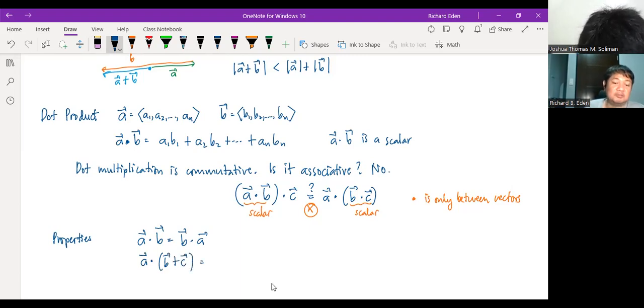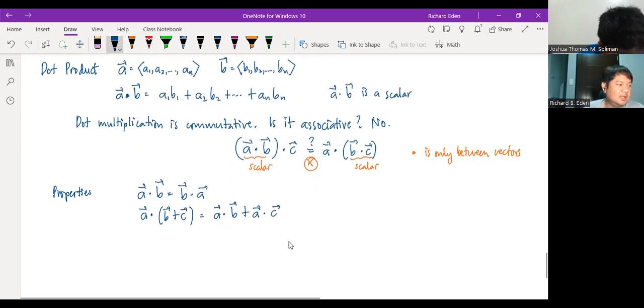So we have the distributive property: A dot B plus A dot C. And then, what about the zero vector dot A? You can do it. Zero. All right, zero.